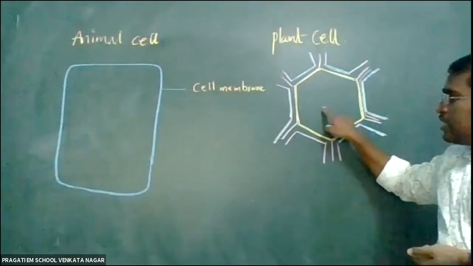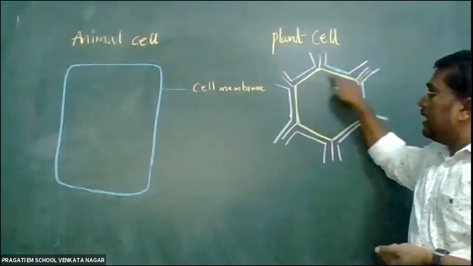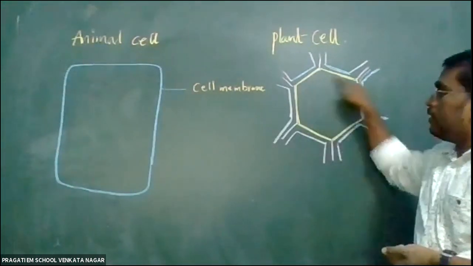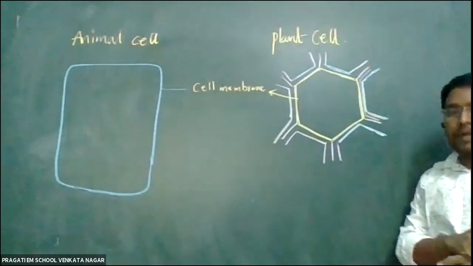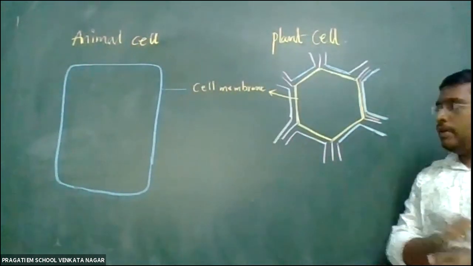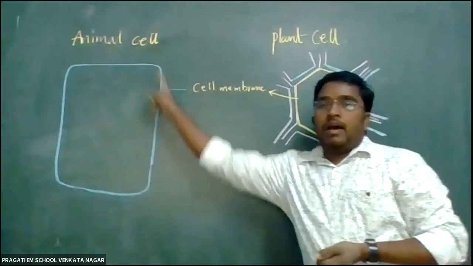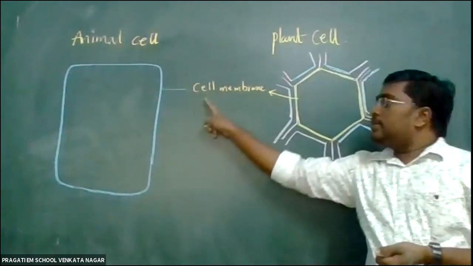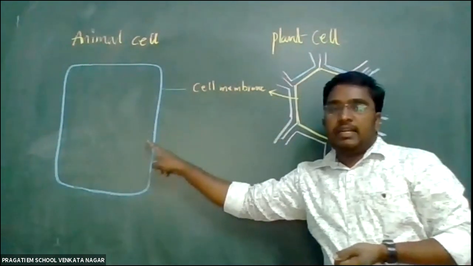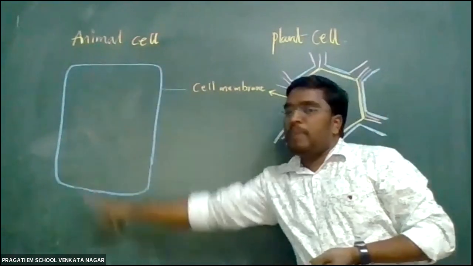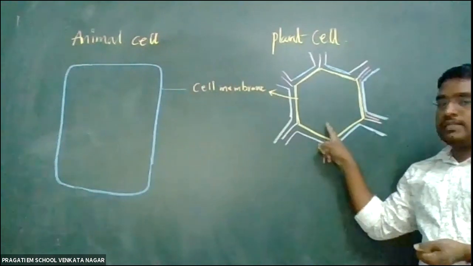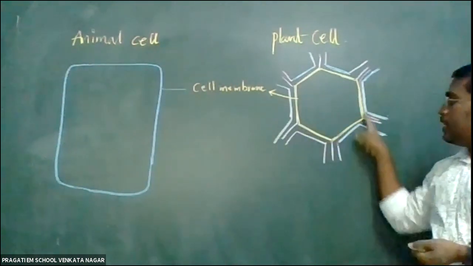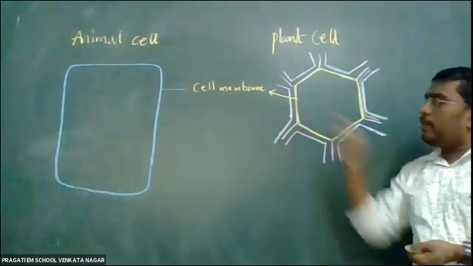In the plant cell also, the inner membrane we call the cell membrane. In the animal cell, the outer boundary is the cell membrane, a single membrane-bound structure, whereas in plants, the inner membrane is nothing but the cell membrane.